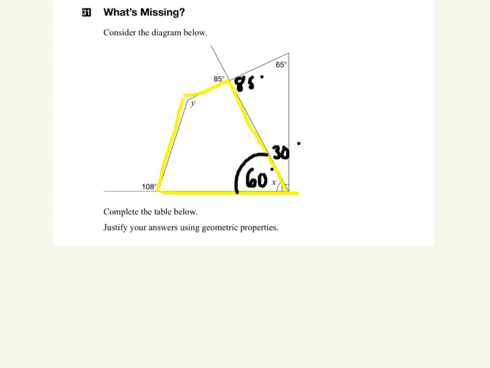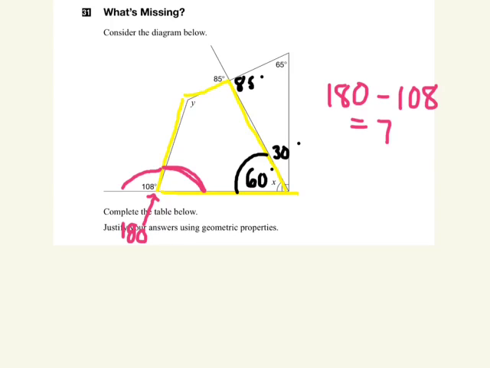Okay, so we know that 108 is here, and if I want to figure out this angle, what do these 2 angles have to add up to if they're on a straight line? 180 degrees. Right, they have to add up to 180. So can we find out this missing angle? What would we do? We'd subtract 180 minus 108. And what do you get? 72 degrees.